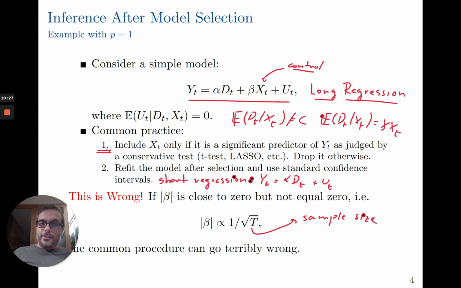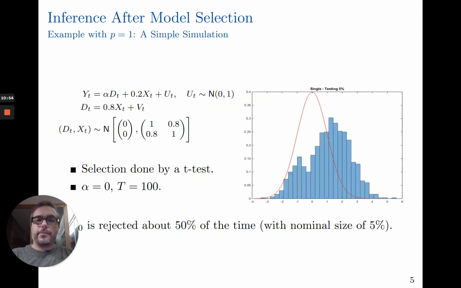So if beta is of order 1 over square root of t, usually lasso will make mistakes and will wrongly set this parameter to 0. And whenever it's 0, bang, we have omitted variable bias. So that's the nature of the problem here.